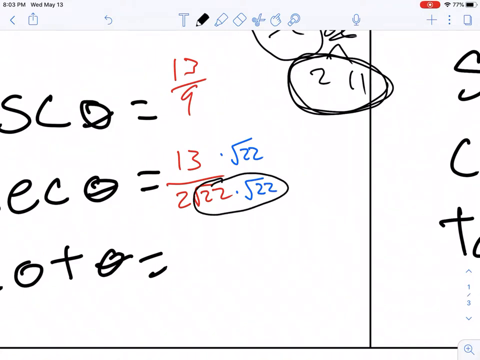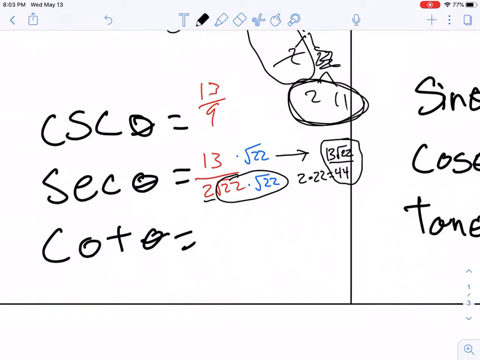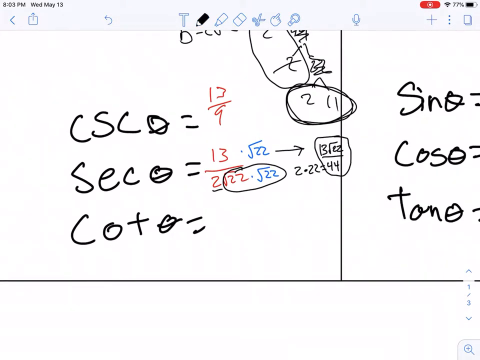So I have a 2 that was sitting out front, times the 22, which will make 44. And then on the top here, 13 times rad 22 is 13 rad 22. They don't reduce, 13 and 44 are not going to reduce. So that's my secant theta.